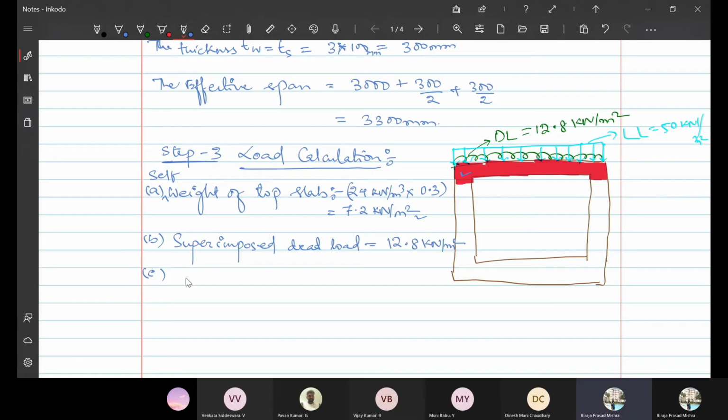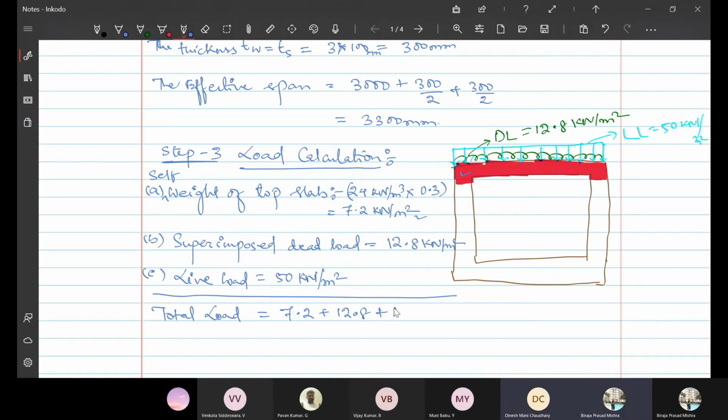Now the third one is the live load, it is 50 kilonewton per meter square. So if I total this value, the total load is 7.2 plus 12.8 plus 50.